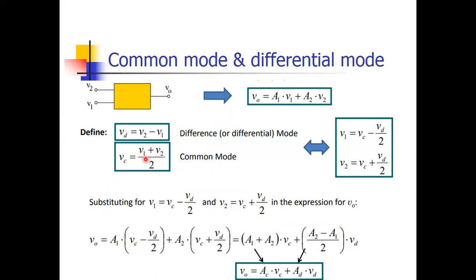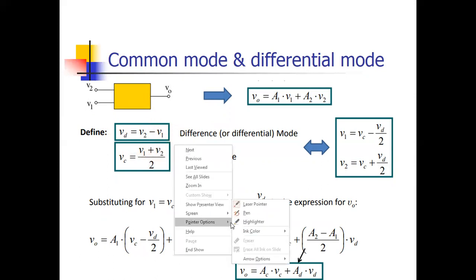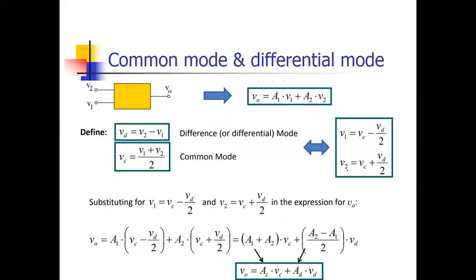When you solve these two equations, we get the values of V1 and V2. See, VD equals V2 minus V1, VC equals (V1 plus V2) upon 2. Solve these two equations, then you will get V1 equals VC minus VD by 2 and V2 equals VC plus VD by 2.